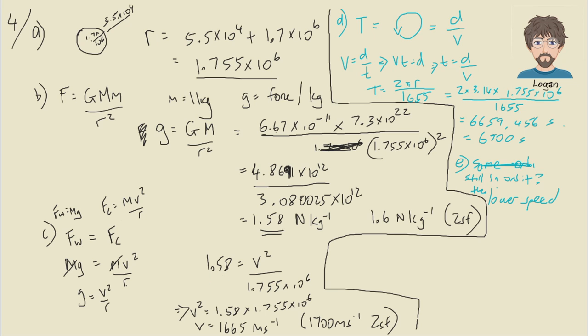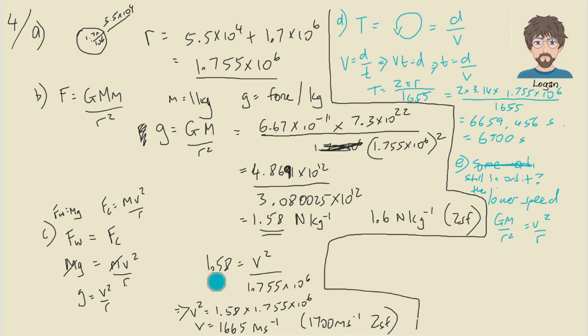Now, proving that is a case of running the formulas backwards. You could run a formula for a higher radius to do it, or you can just look at all of these formulas at once. So, for example, we've got that g equals v squared over r, but here we've got g is equal to GM over r squared. So GM over r squared equals v squared over r.